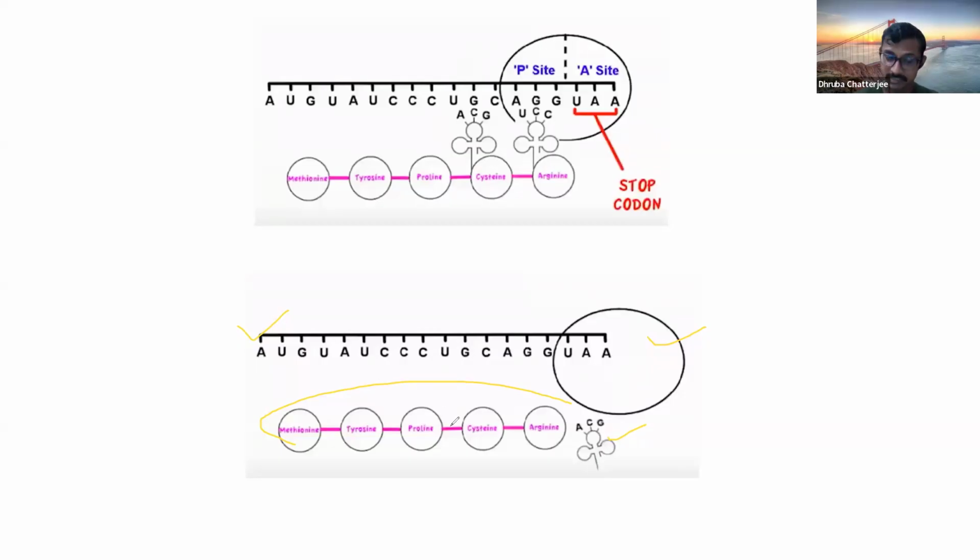And that is what we will be discussing in the next slides: how this nascent polypeptide chain, which is basically just a linear polymerized sequence of amino acid residues, folds.